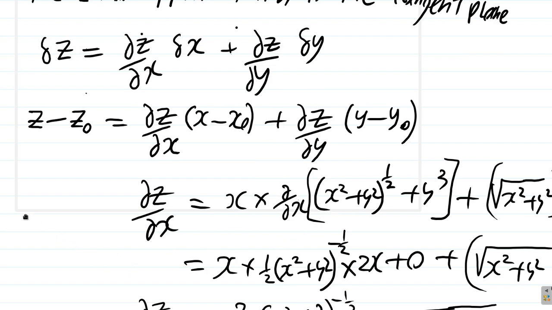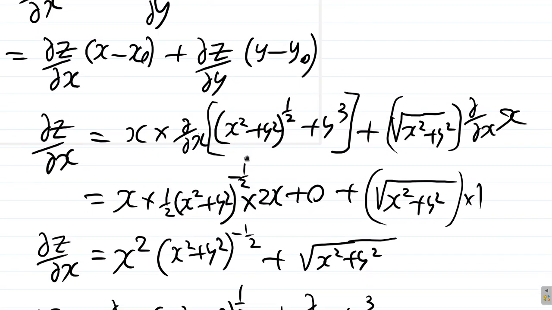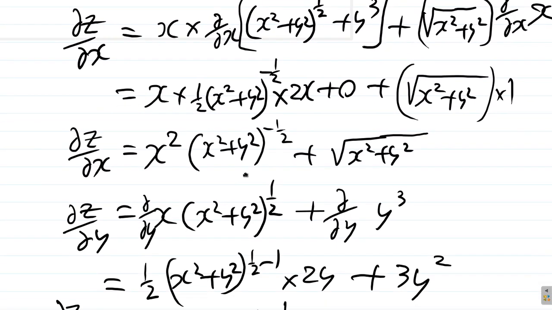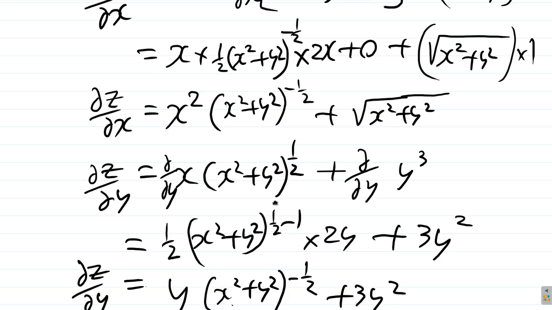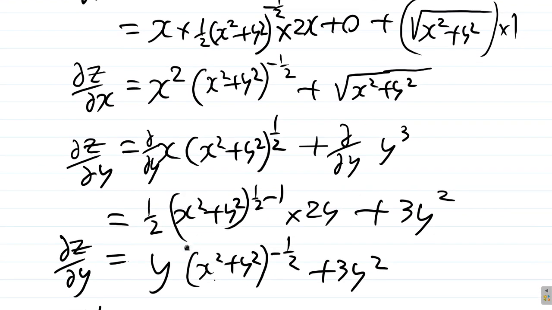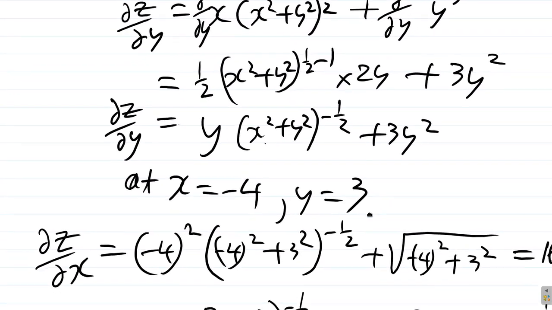So you work that out, and you use your product rule and your chain rule. You have to remember how to do all of those things. Same with y, the rate at which z changes with y.